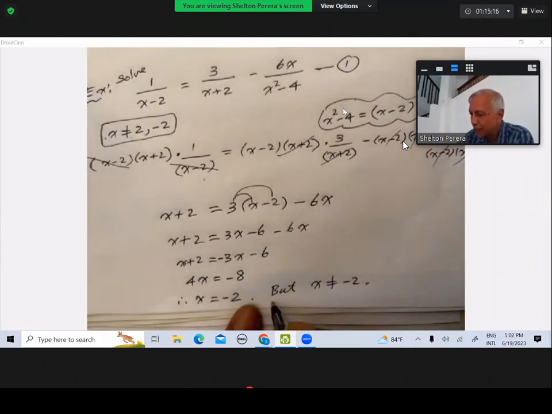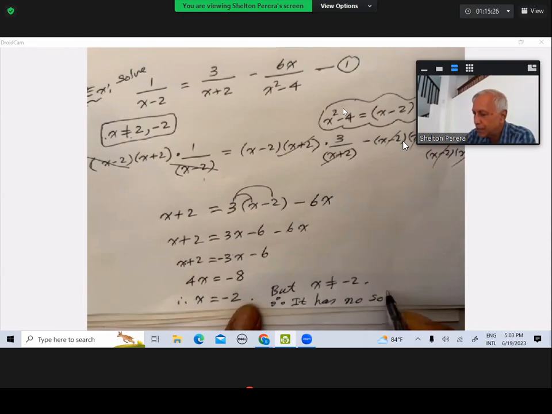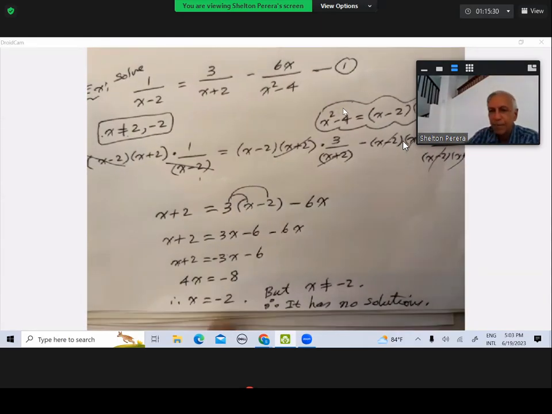Therefore, this equation has no solutions. Meaning the given equation has no solutions. Okay?